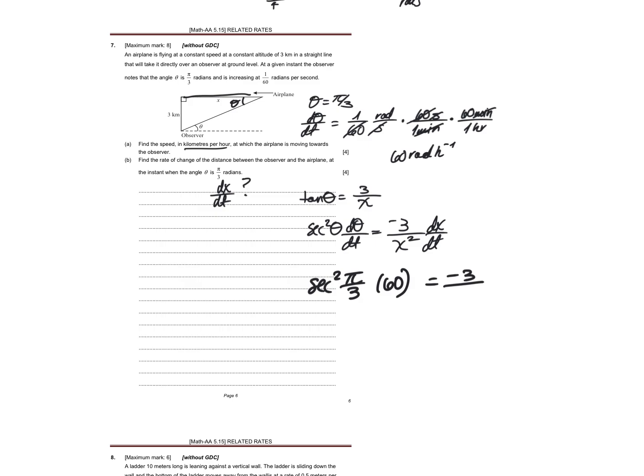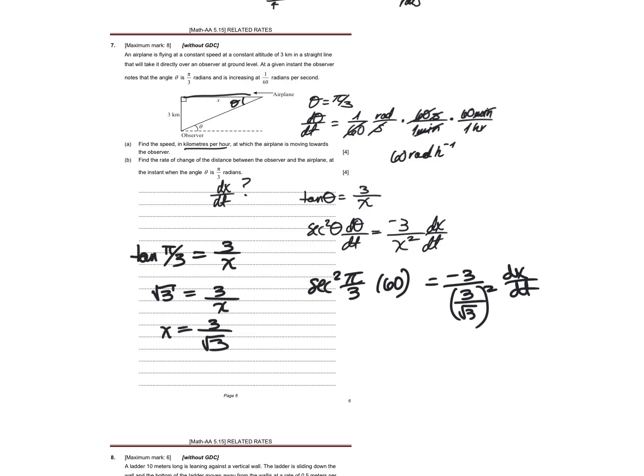So we have to do tangent pi over 3 is going to equal 3 over x. Tangent pi over 3 is root 3. Okay, so we're going to have x is 3 over root 3. So that goes down here. And we want dx dt. Okay, so secant squared is 1 over cosine squared.